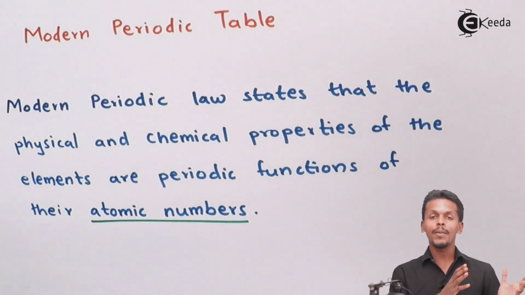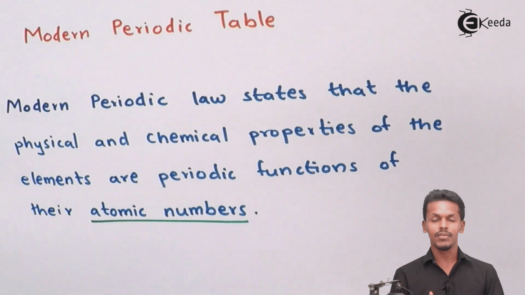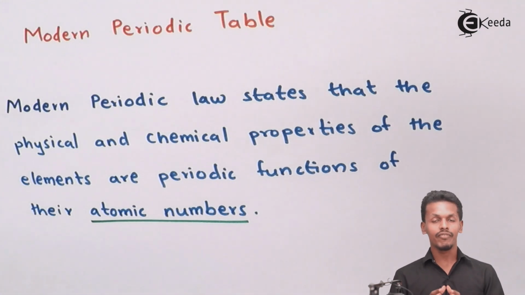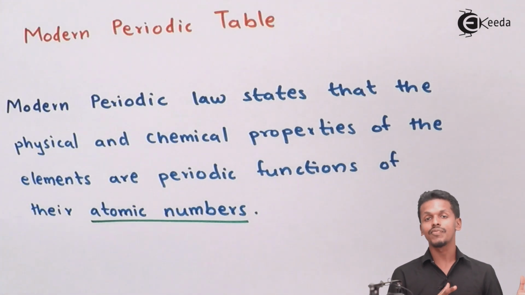With the help of the modern periodic table, we could estimate various elements that are present in groups, or in which period they are present. But this was all because of Mendeleev and the other renowned persons who made a classification of elements.